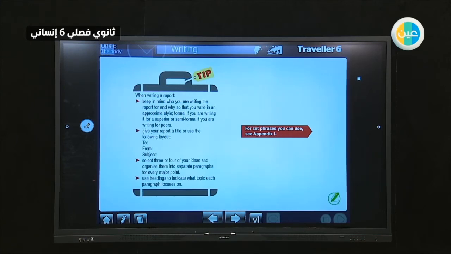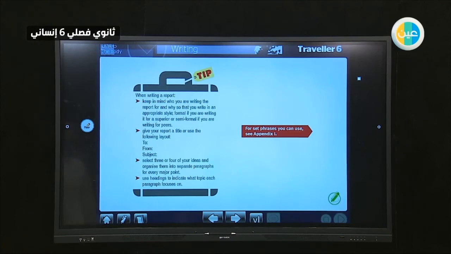Select 3 or 4 of your ideas and organize them into separate paragraphs for every major point. Choose 3 or 4 main ideas and arrange them into a set of paragraphs. Use headings to indicate what topic each paragraph focuses on. Try to put a heading for each paragraph so your ideas are more focused, simpler and clearer, God willing.